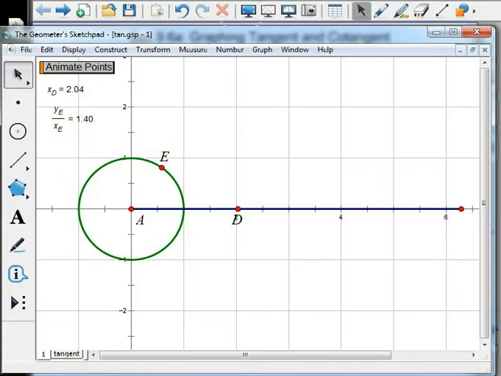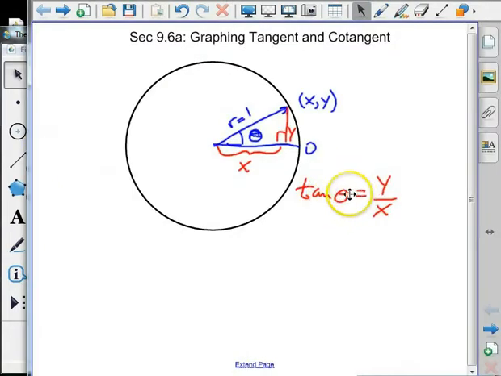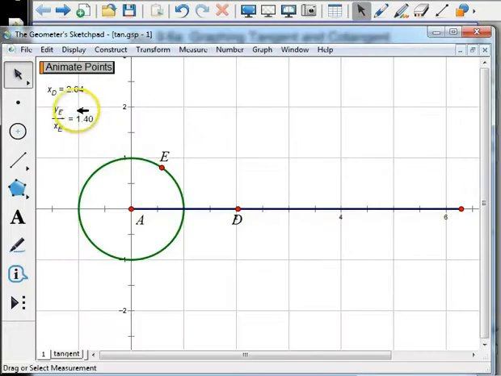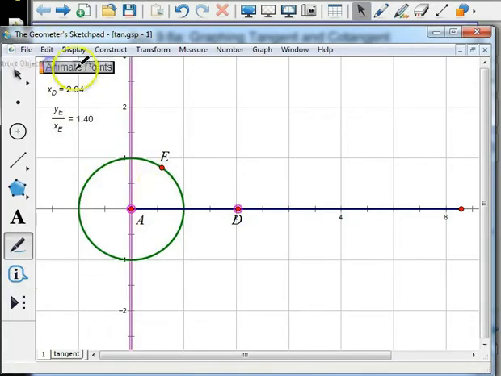Why would I want to do that? Well, remember that the tangent of an angle is y over x. So this ratio right here is actually the value of the tangent of angle E. Okay, anyway, you get the idea.